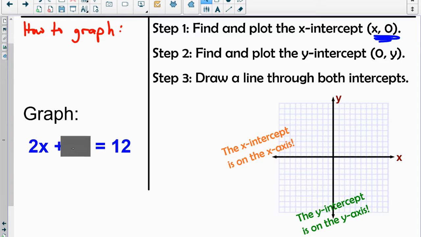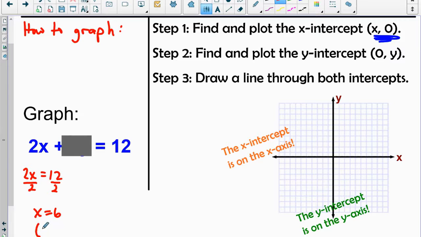If y is 0, that 4y is gone. All I have left is this equation, 2x equals 12. That's an equation with one variable, which we can solve. We just use division. X equals 6. So when y equaled 0, x equaled 6. In other words, 6 comma 0 is the x-intercept.